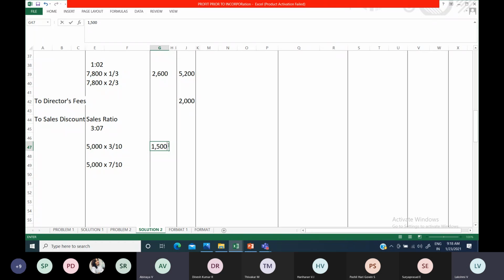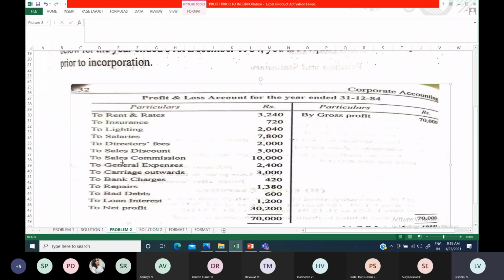That is 1,500. You can also subtract 1,500 from 5,000 and fill it here, or do 5,000 into 7 by 10. Anything is fine. So you will be getting 3,500. Now moving on to the other items.